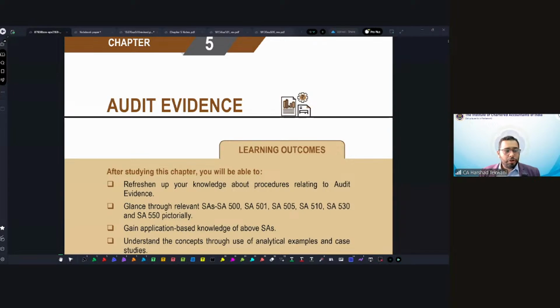Now, my last question for the revision part is: do you need to perform separate procedures to verify the opening balances every time? Sir, it's not needed. When we are doing the current year audit procedure, we have to include that audit procedure in such a way that it covers the opening balance, whether it is correct or not.